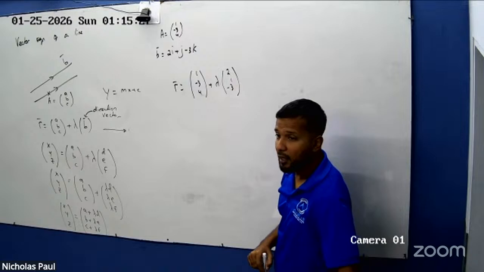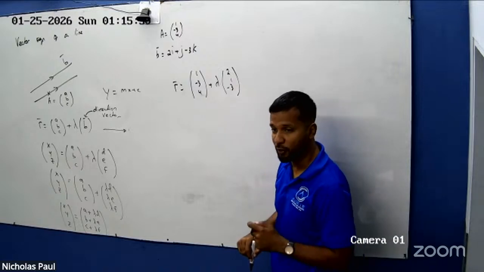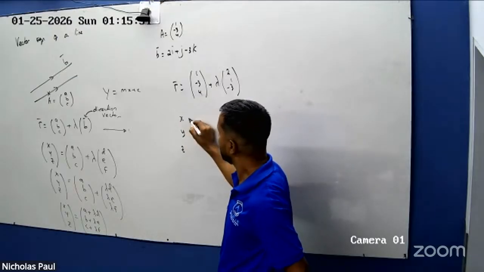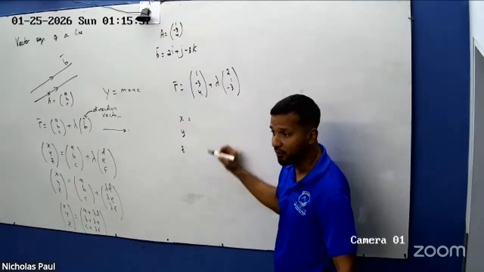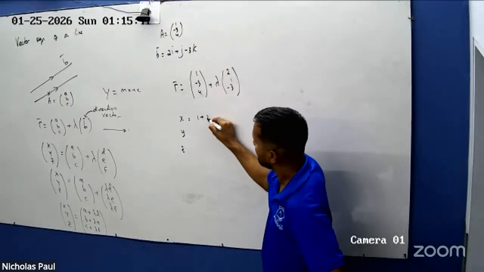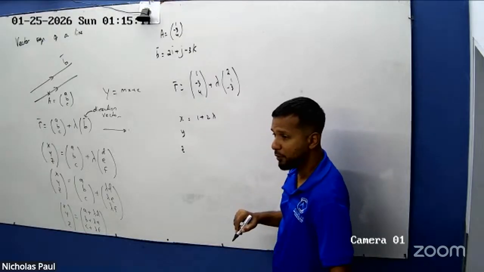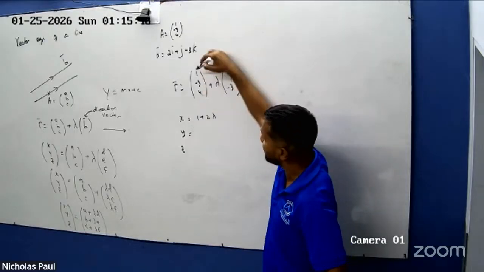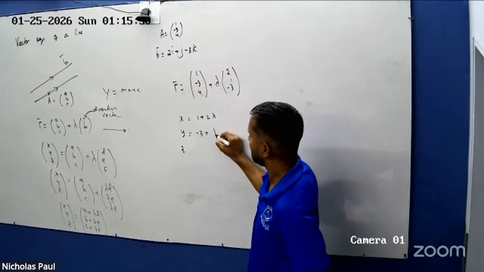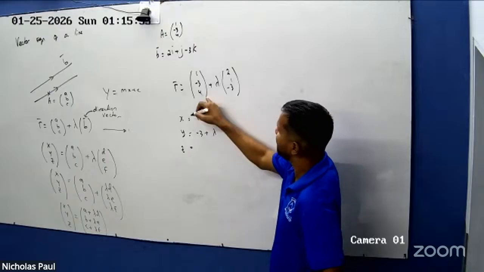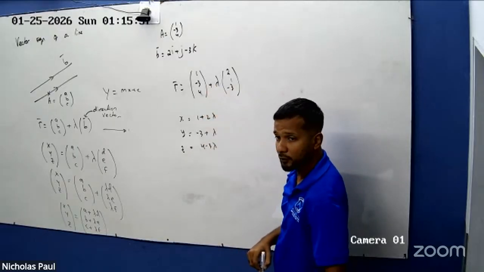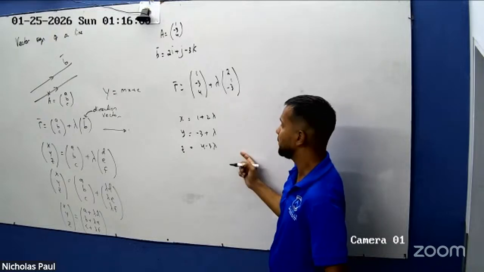Next one is the parametric. So we have x, y, z. You all can see what x equals? X is 1 plus 2 lambda. Everybody okay with that? Y is what? Minus 3 plus 1 lambda. And z is 4 minus 3 lambda. Vector, parametric.